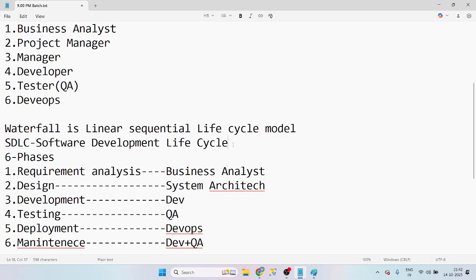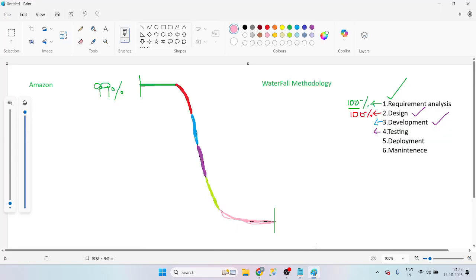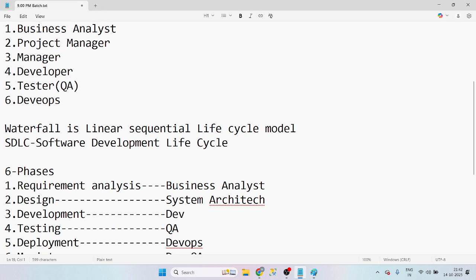In waterfall methodology, we have documentation from which we get these requirements. Same example, guys. Previously I spoke about the construction of a house. To construct a house, what do we need?